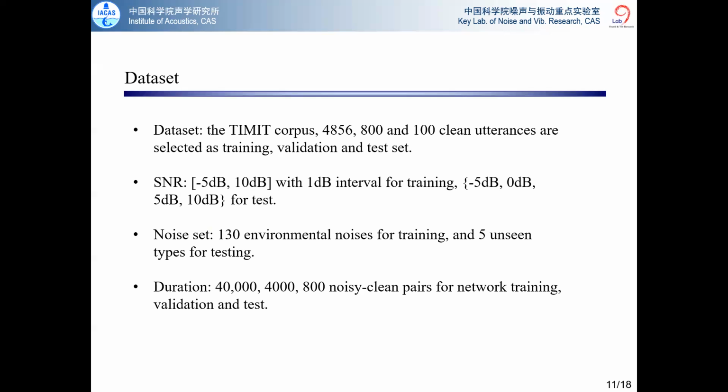For the noise set, we select 130 environmental noises for training, and 5 unseen types selected from NOISEX-92 are for test. Therefore, we create 40,000 and 4,800 noisy-clean pairs for training, validation, and test.